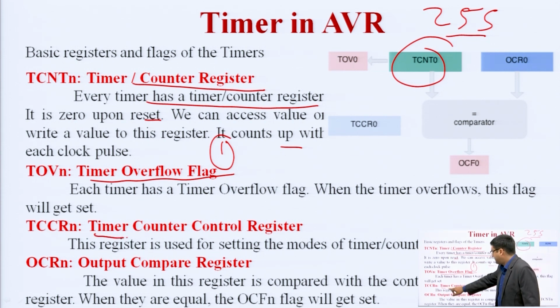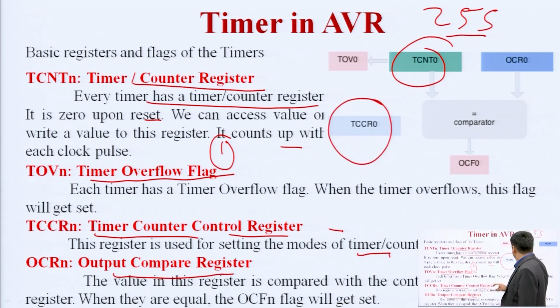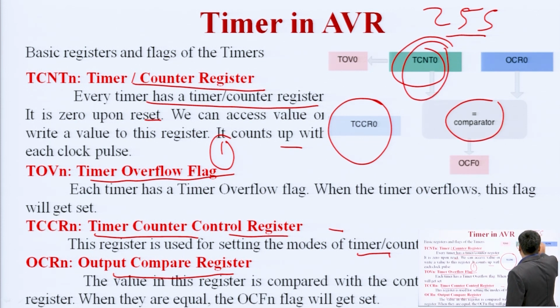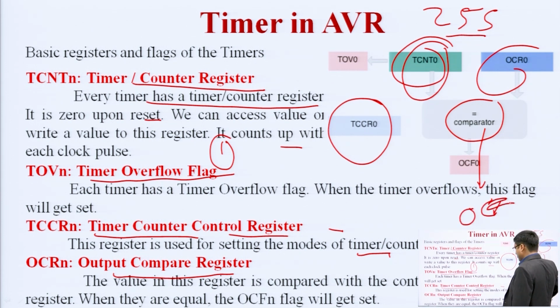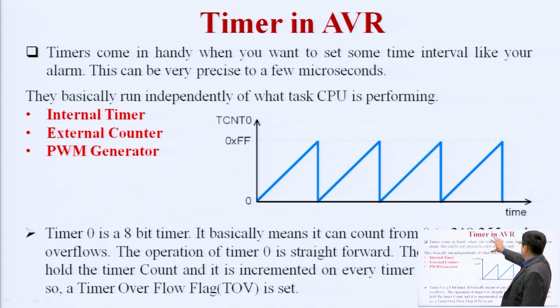TCCRn means timer counter control register. To run the counter, we need to set the modes of the timer counter, and this register will be used. It has an output compare register. What is the output compare register? It will compare the values of TCNT0 and OCR0 and further provide the result in OCF0. These are the output compare registers.